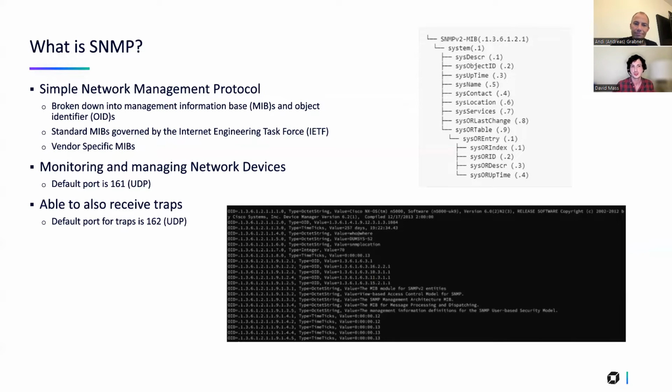A MIB is a management information base, basically a file that describes the different object identifiers, or OIDs, that we can either pull or that control something on the device. There's a number of standard MIBs, governed by the IETF.